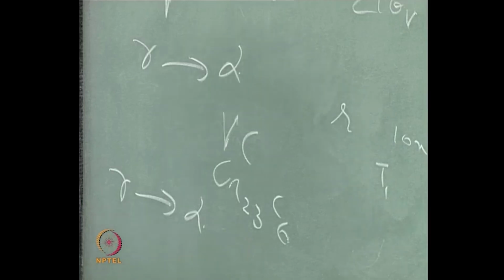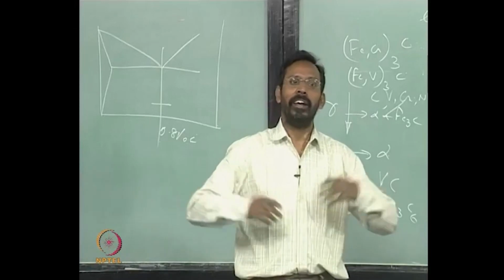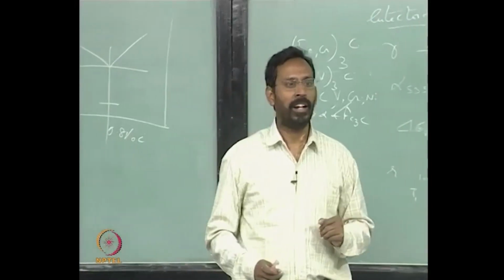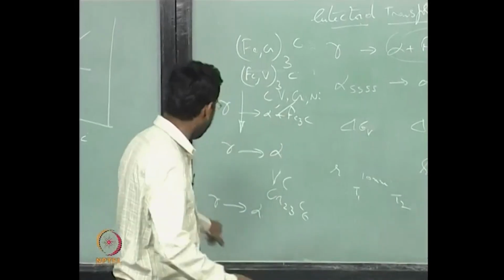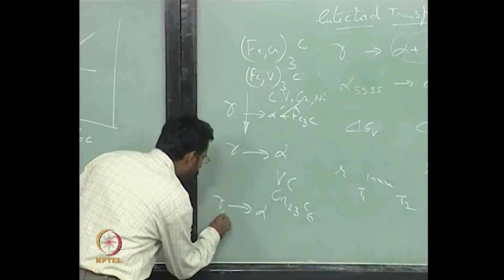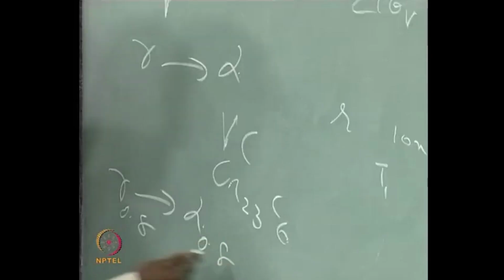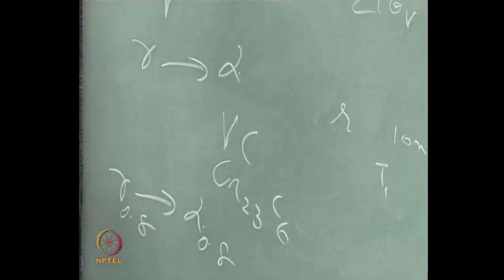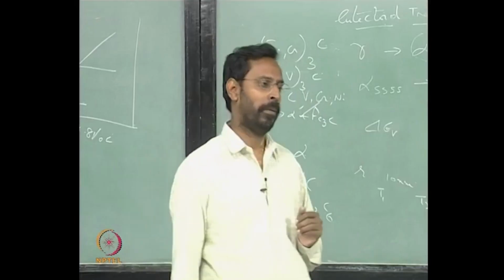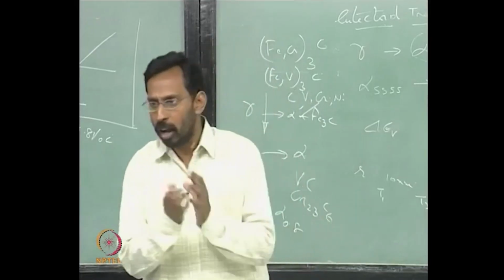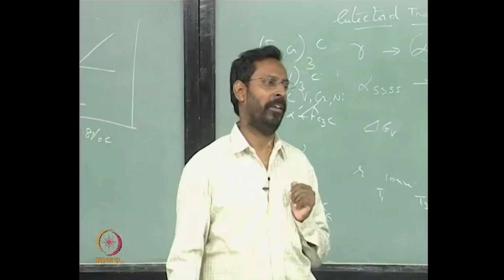So that short range diffusion has taken place, because short range diffusion does not need a very high activation barrier, it needs only a short activation barrier. So atoms can move by a shorter distance, and once this happens, so gamma of 0.8 gives you alpha of 0.8. Now you need to see that this alpha of 0.8 is not stable. It wants to somehow reject the carbon which is inside.